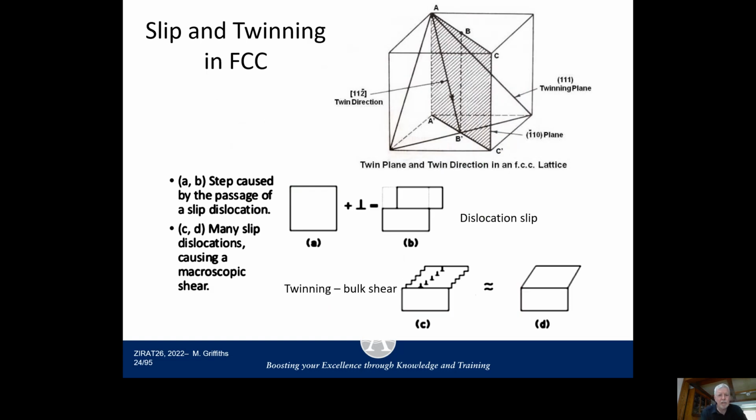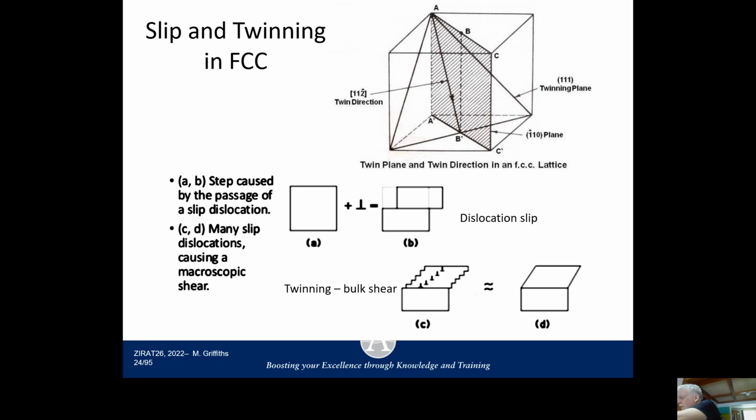So what is the difference between twinning and slip? This is the difference to illustrate here. Slip moves one half of the crystal with respect to another, whether it's edge or screw, and there's no orientation change. Whereas twinning occurs by consecutive shear on a series of different planes.